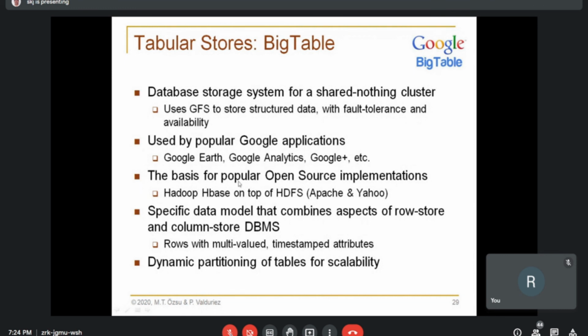It is the basis for popular open source implementations: HBase on top of HDFS, Apache, and Yahoo. It has a specific data model that combines aspects of row store and column store DBMS, with rows with multi-valued timestamped attributes and dynamic partitioning of tables for scalability.